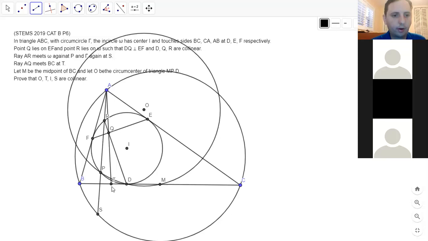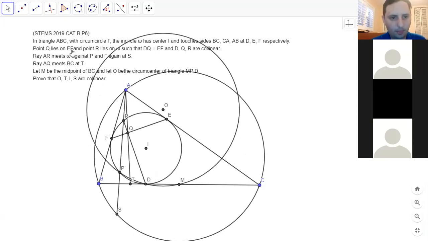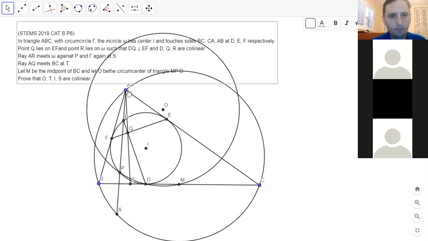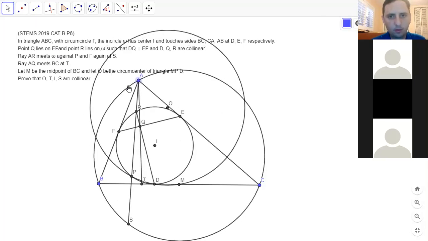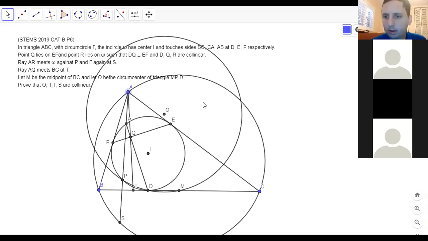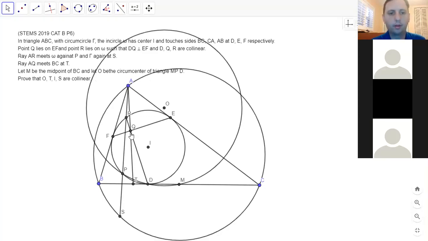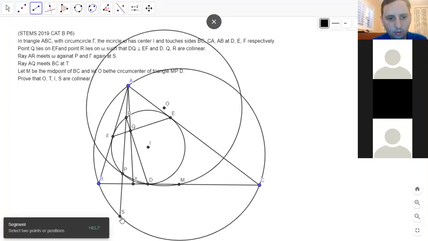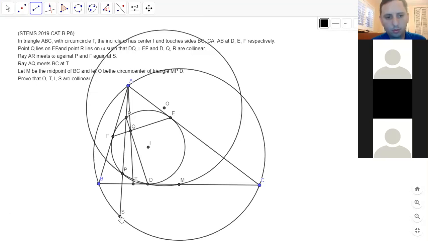And then to show that O. Michael, I don't know if you read the chat, but S is the mixtilinear incircle touch point. Oh, no, I haven't read it yet. And that is, let's say, well known. Okay. Yeah, we can do a little computing to show that I, T, and S are collinear, since we already know that S is the mixtilinear tangency point.